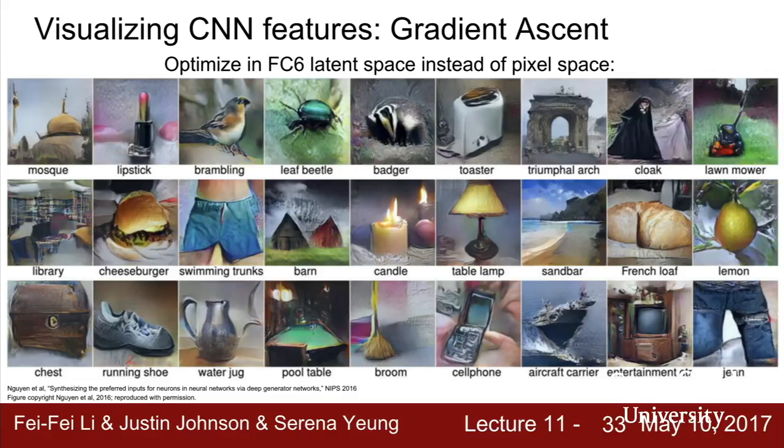And now they need to use some feature inversion network, and I don't want to get into the details here. You should read the paper. It's actually really cool. But the point is that when you start adding additional priors towards modeling natural images, you can end up generating some quite realistic images that give you some sense of what the network is looking for.